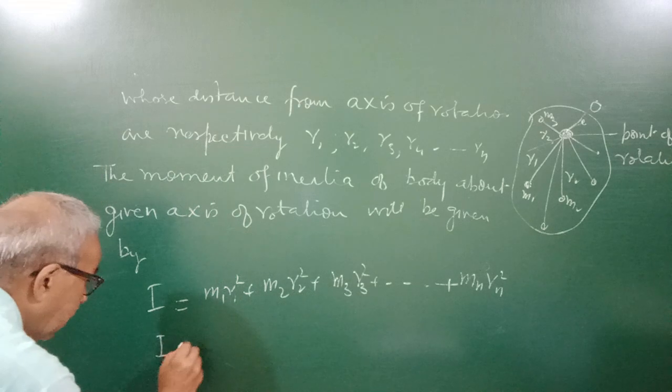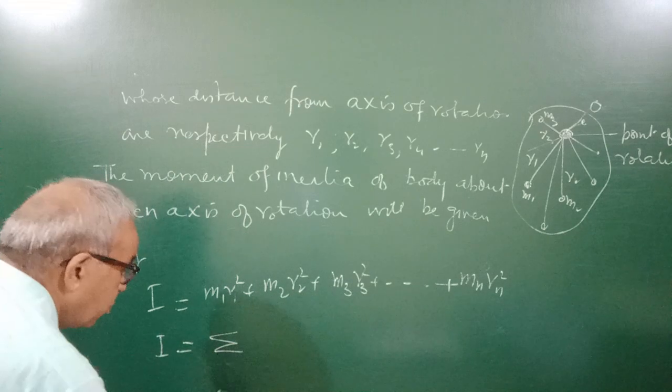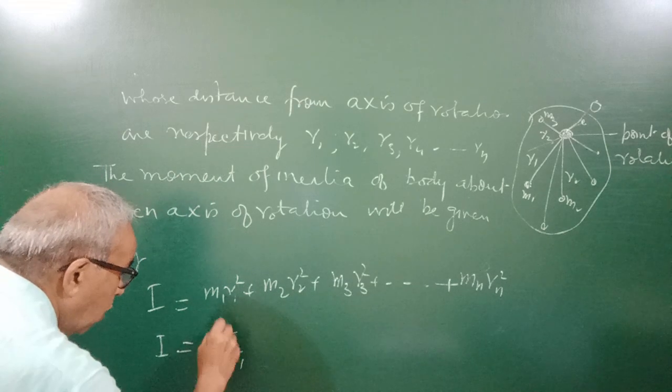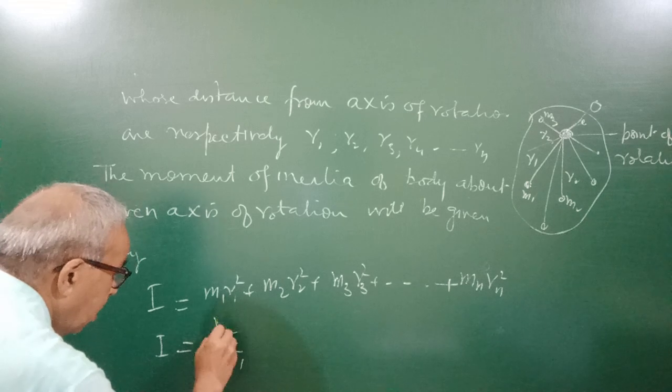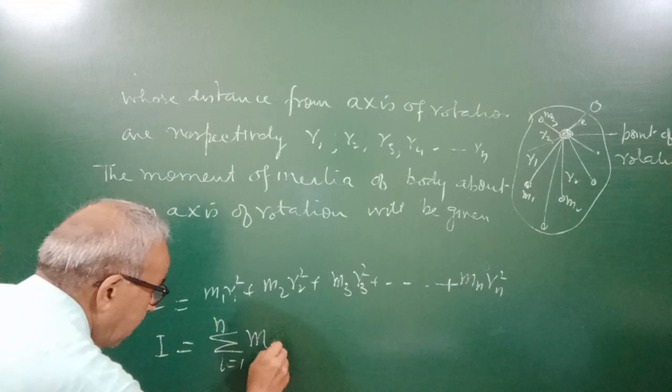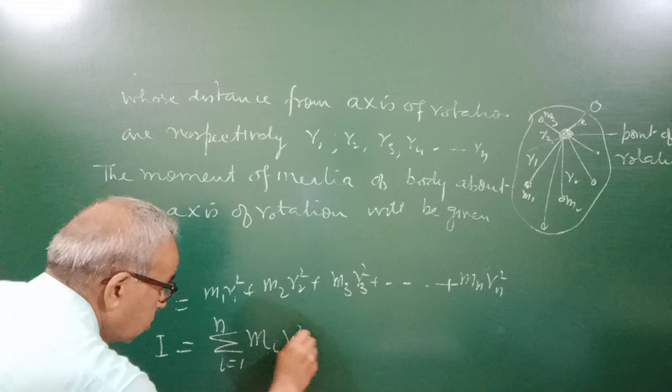Which we write here like this: summation i equal to 1 to n of mi ri square.